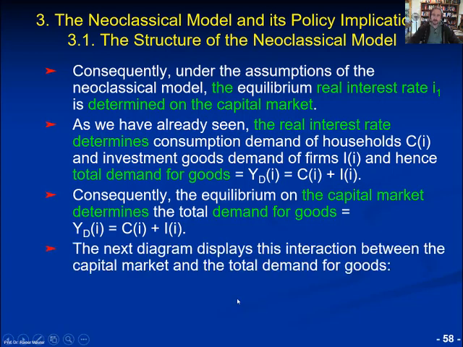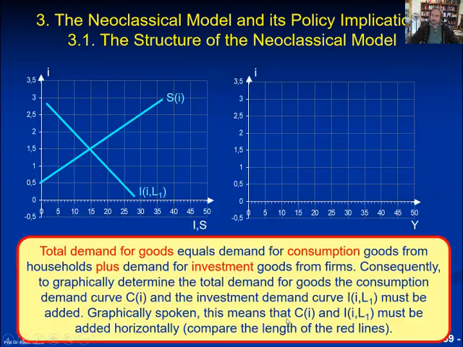The next diagram displays this interaction between the capital market and the demand for goods. On the left-hand side we have the capital market with savings supply from households and investment credit demand by firms.